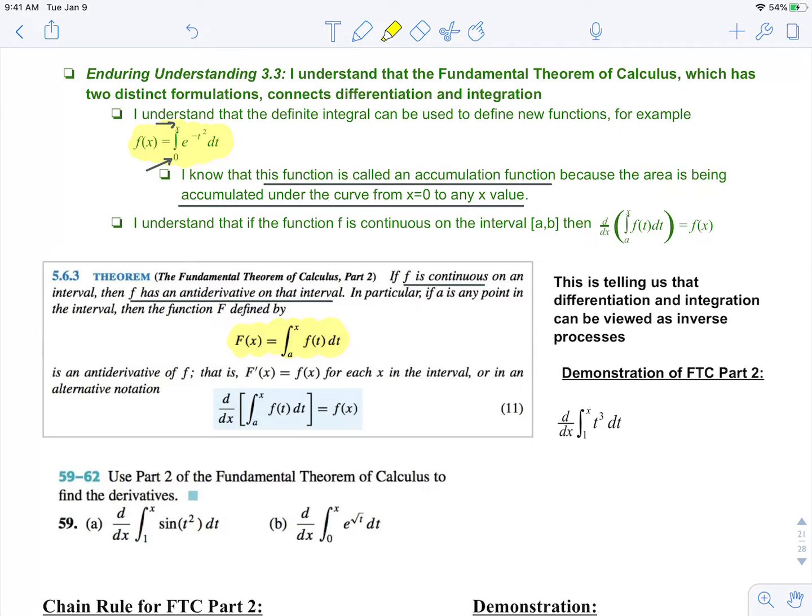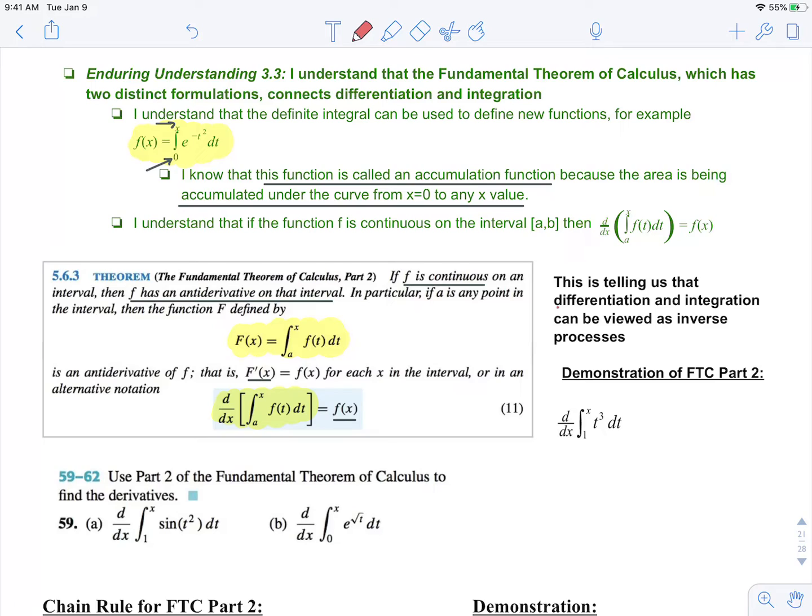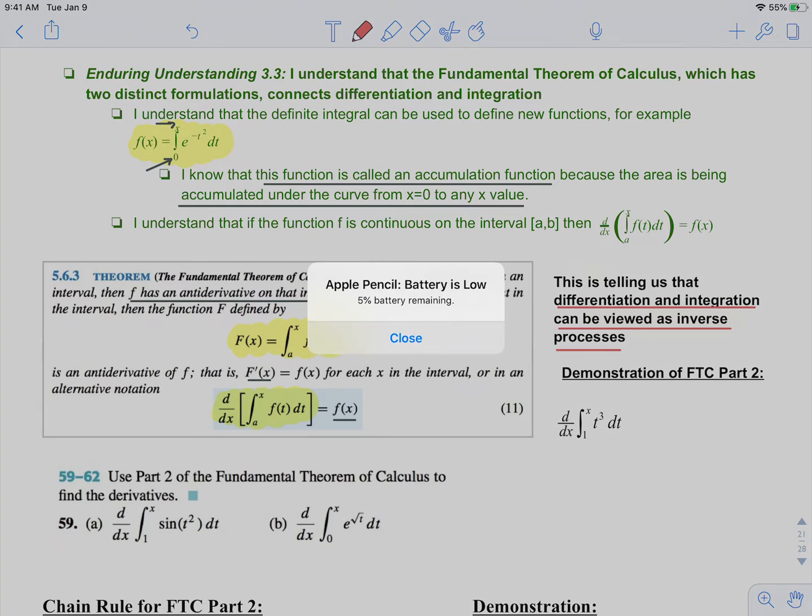If we want to find the derivative of big F, it is going to be the derivative of this accumulation function. And if you're taking the derivative of an antiderivative, you should end up with the original function. So ultimately, what this is telling us is that differentiation and integration can be viewed as inverse processes. But let's demonstrate why this is even true.